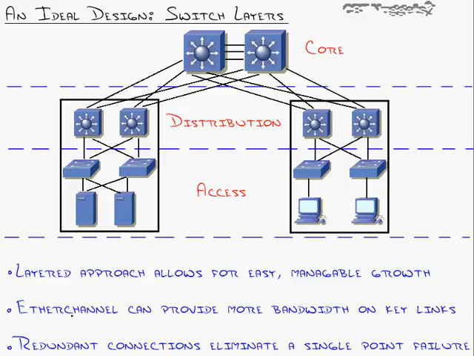And you see down here a new term, EtherChannel, can provide for more bandwidth on key links. What EtherChannel is where you can do something like this. You see these 3 lines going between these? Maybe you've got so much traffic passing through the backbone that just one 100 megabit per second or 1000 megabit per second port isn't enough. What EtherChannel can do is it can actually take between 2 and 8 ports.